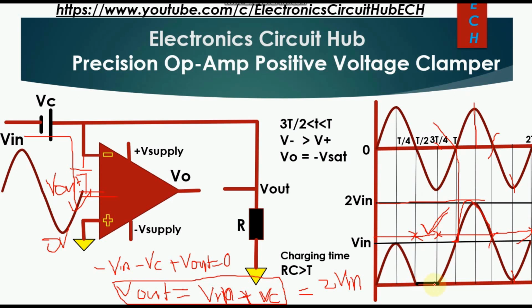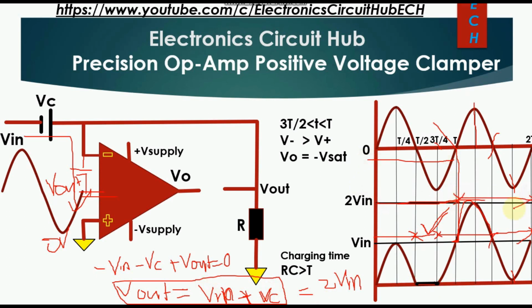Then again we find that at any point of time your diode was not turned on, and your final output was V out equals to V in plus Vc. At that point of time your capacitor was charged. So this is the transient. This first cycle, for time period 0 to T, is the transient and this is the steady state.